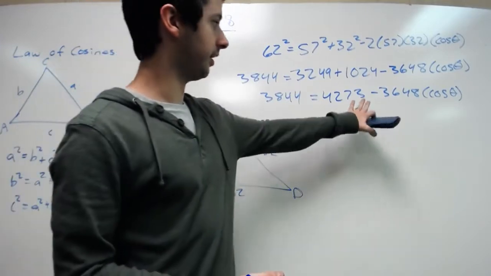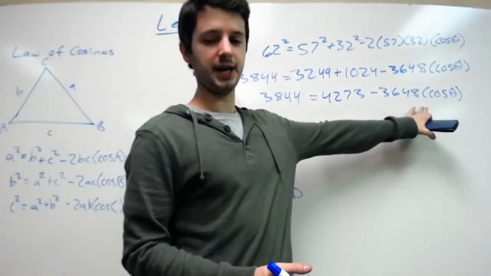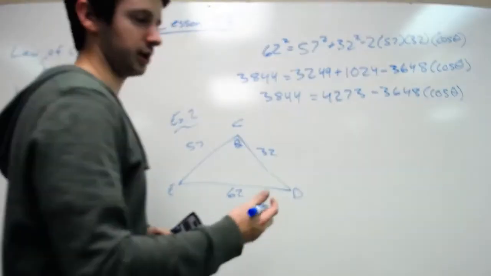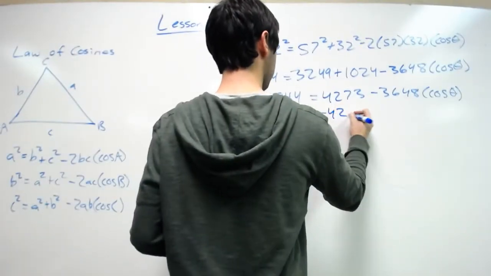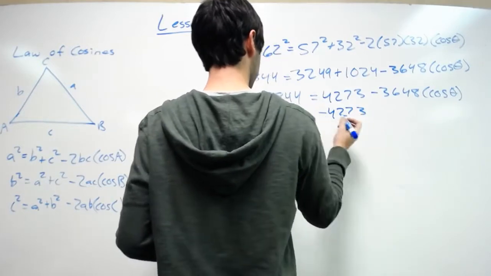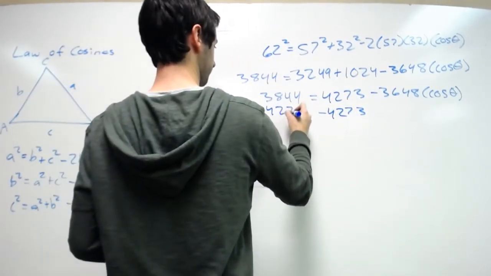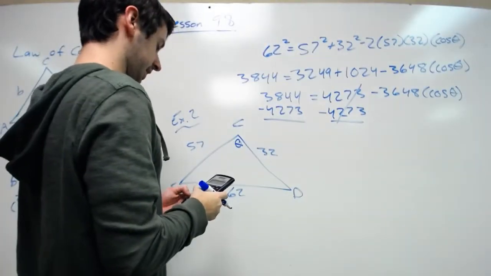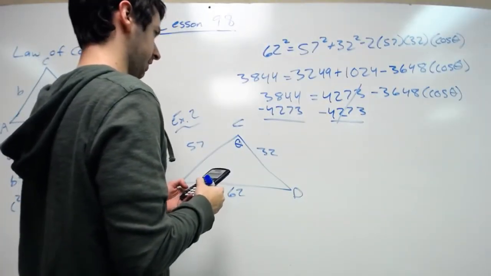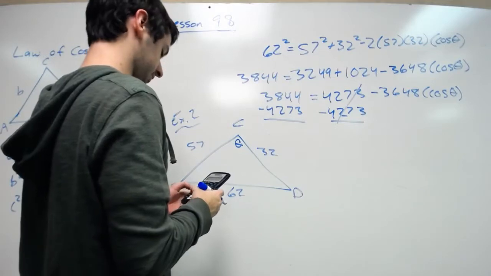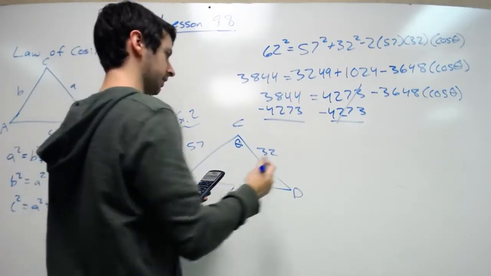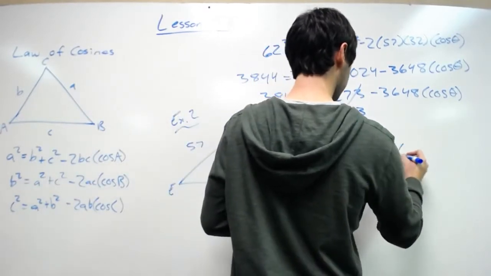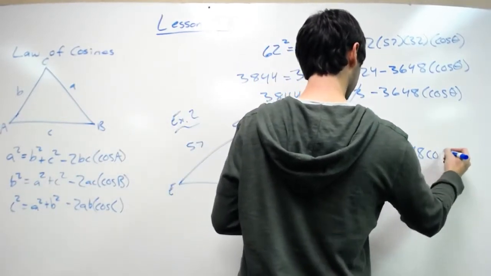I'm going to get everything else that is not multiplied by cosine theta and move it to this side. So I subtract 4,273: 3,844 minus 4,273 is negative 429, equals negative 3648 cosine theta.